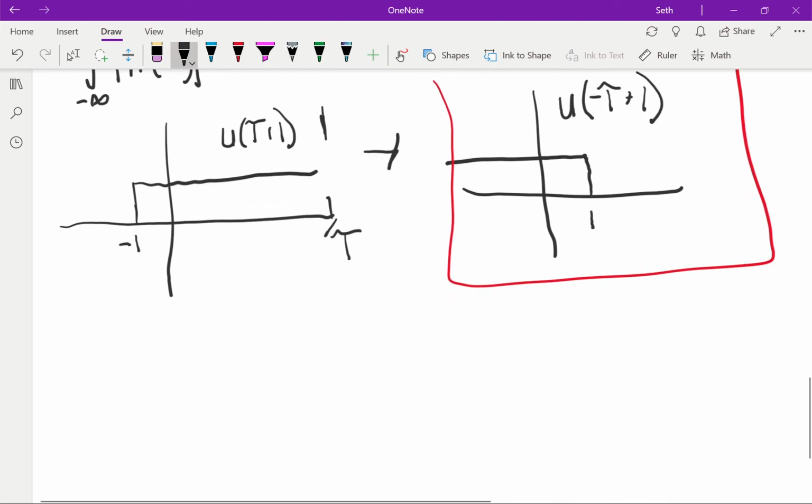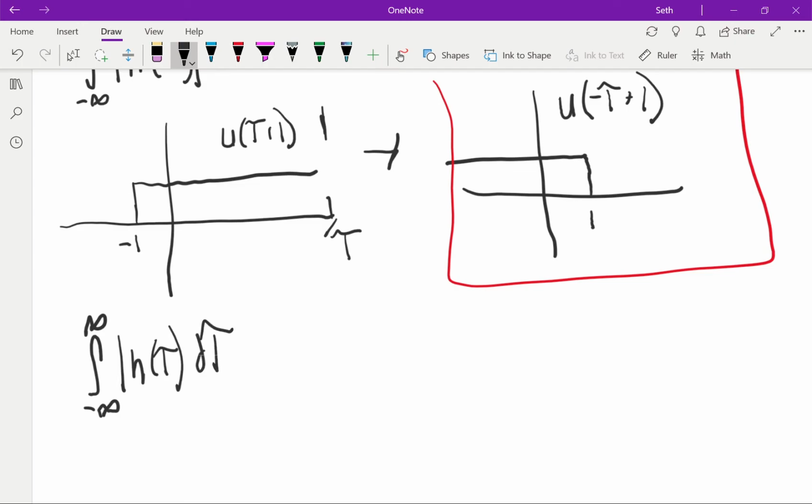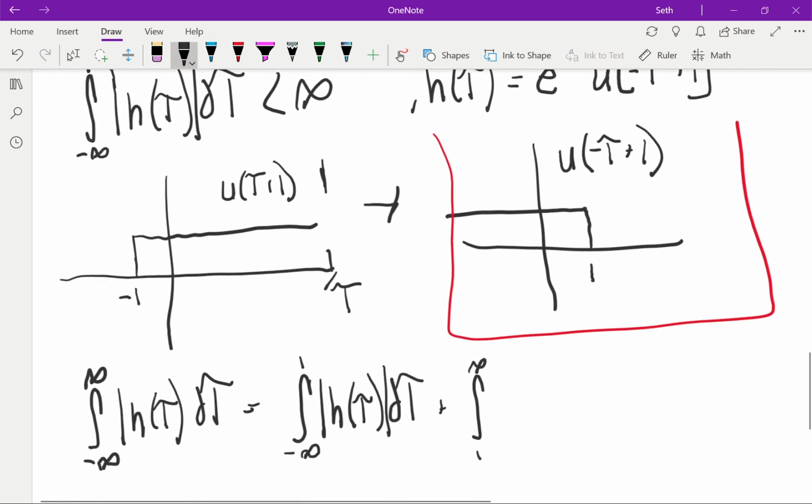So we can break this integral up like this: minus infinity to 1 of h of tau d tau, plus 1 to infinity, but we just said the unit step is 0 for values greater than or equal to 1, so our integrand is clearly 0.